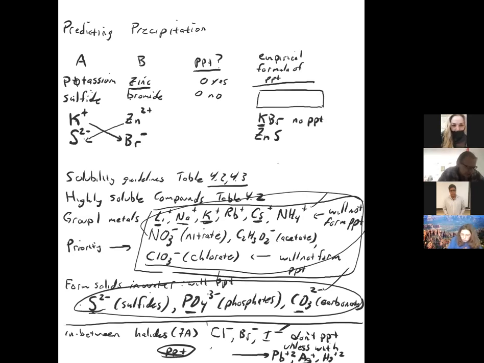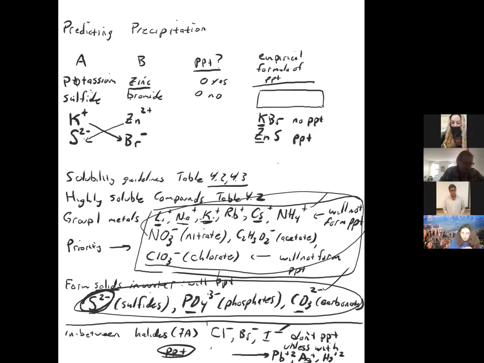Okay, zinc. Is there any rule for zinc? No, there's generally no rules for zinc, but there is a rule for sulfide. Sulfide, always soluble. I'm sorry, always precipitate, right? It's that second category, always forms a salt, unless it's with one of these metals. And it's not with one of those metals, it's with a different metal, it's with zinc. So that means it's a precipitate.